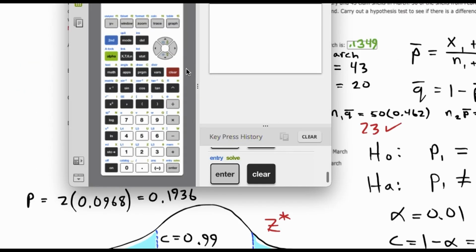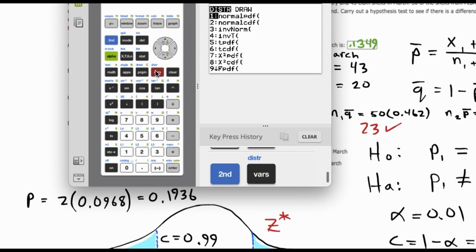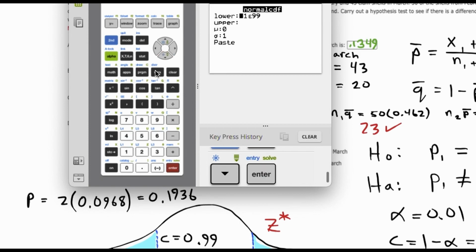So on the calculator to get the p-value, we would just go to second distribution, and then we'll go to normal CDF because we want to add up the area from one location to another. We could set our lower bound as just negative infinity, which is just putting in negative 100 or negative 1,000.